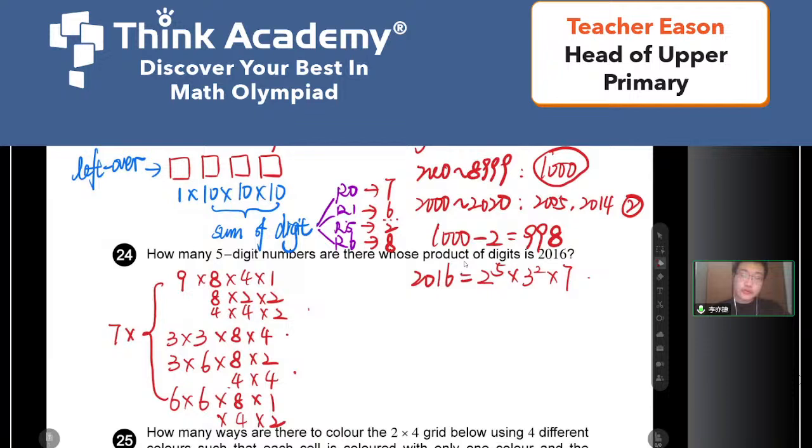So if we have 5 distinct numbers A, B, C, D, E, and we use them to form a 5-digit number, the total number of ways is 5P5, which is 120. However, in many cases there are 2 numbers that are the same.